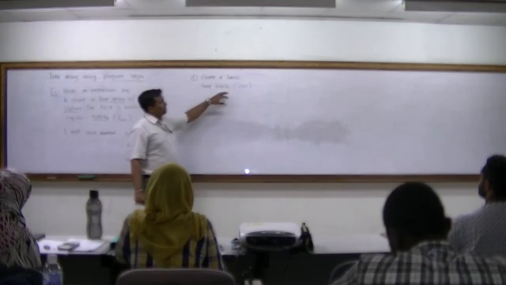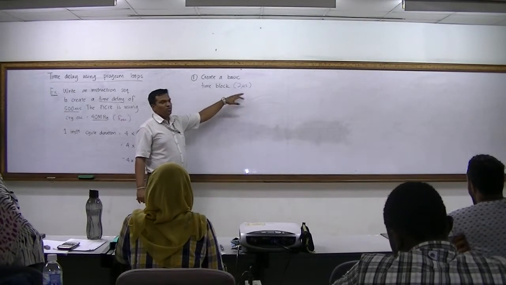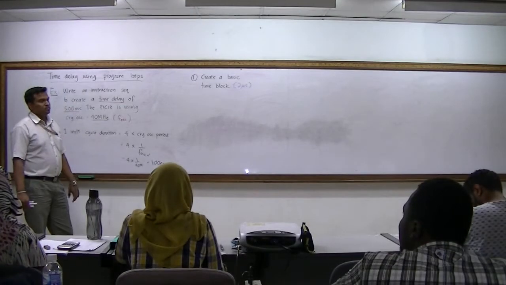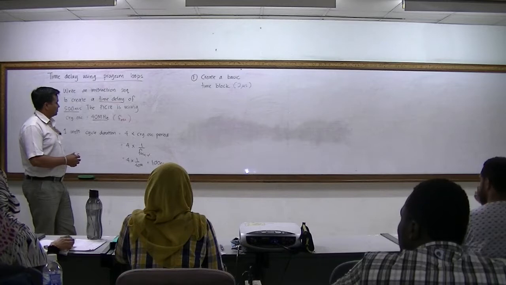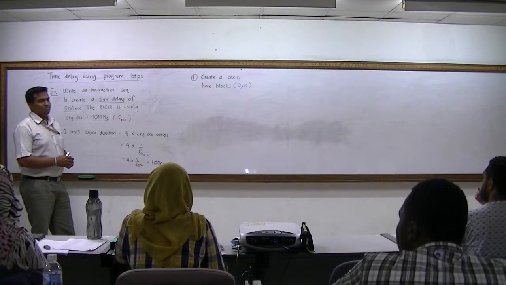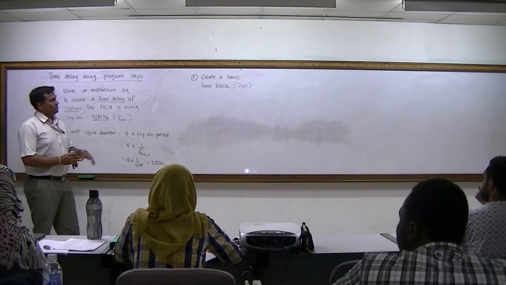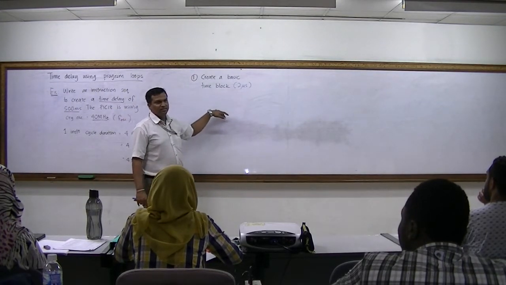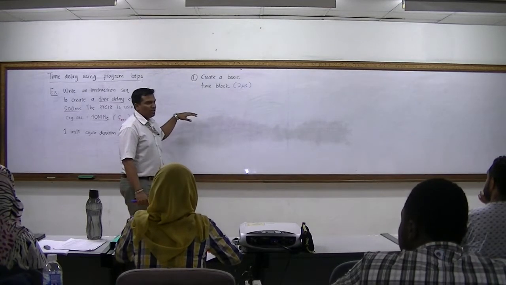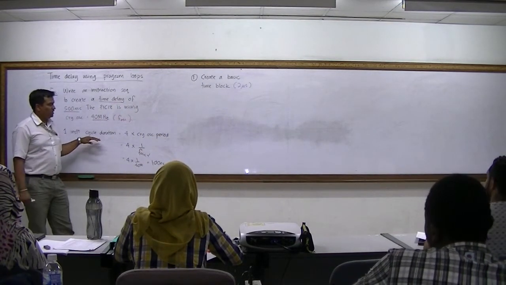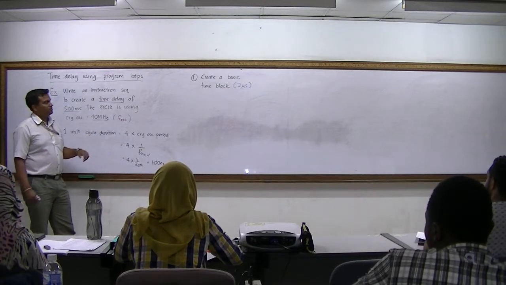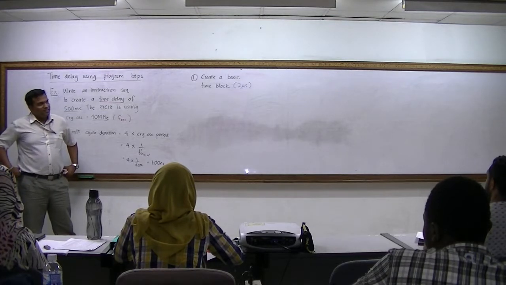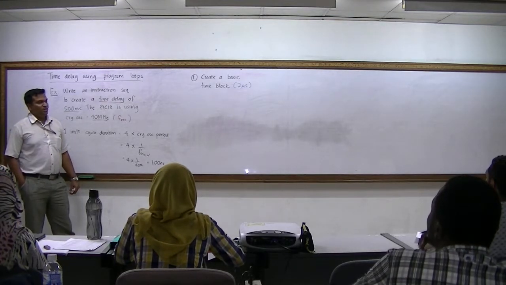If you want to create a time block of 2 microseconds, how many instruction cycles do you need? 20.